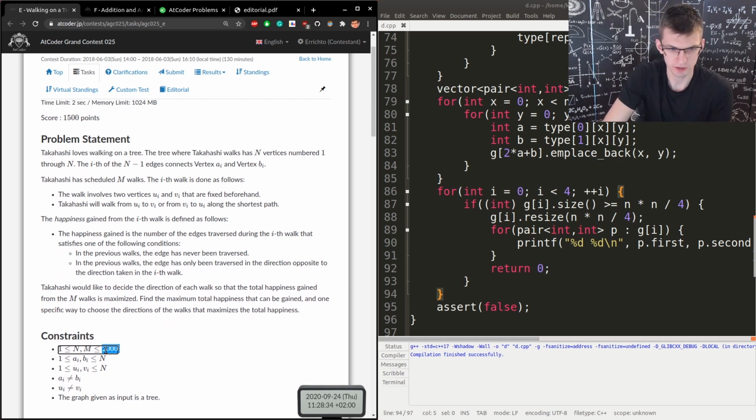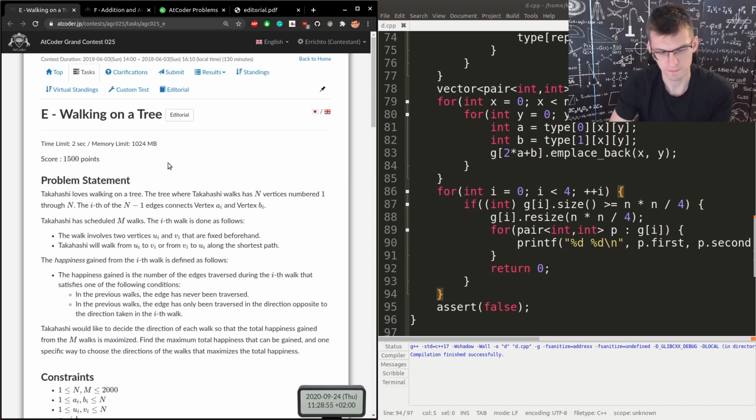We're given a small tree and some paths. We need to direct each path, and then for every edge we get point for the first time when we traverse this, and for the first time when we traverse it in the other direction. That should be a nice interpretation. And that's it.